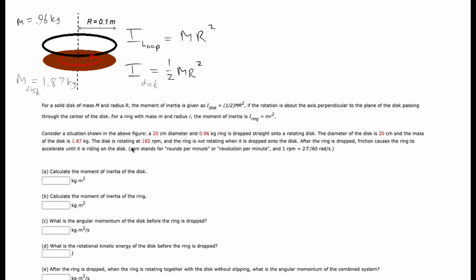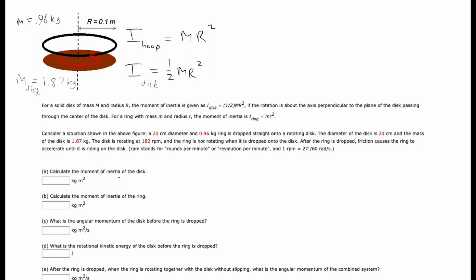They say the disk is initially rotating at 182 revolutions per minute, but the ring is not rotating. After the ring is dropped, friction causes the ring to accelerate until it's riding along with the disk. So it takes us through the calculations step by step. It's going to be a conservation of angular momentum problem.